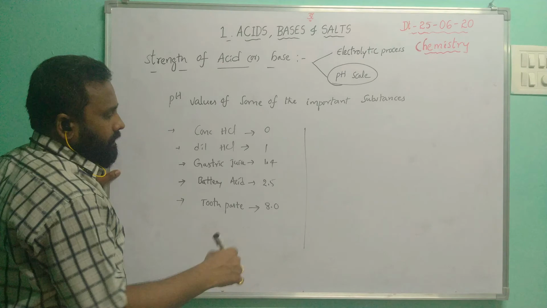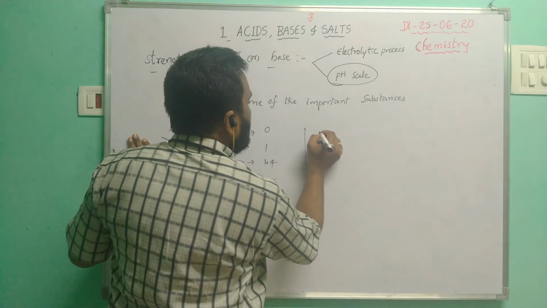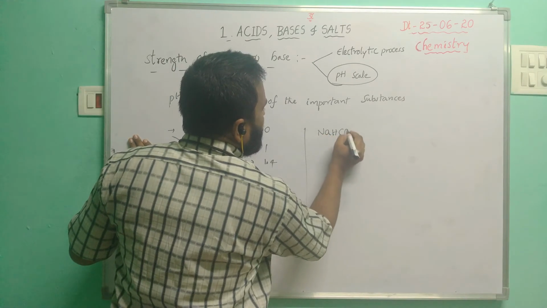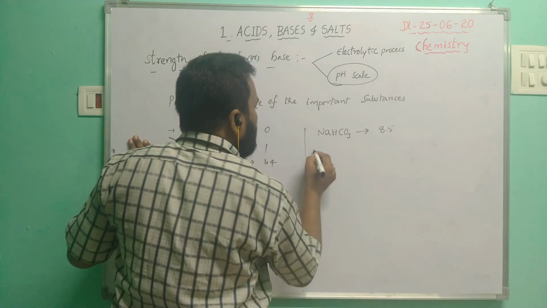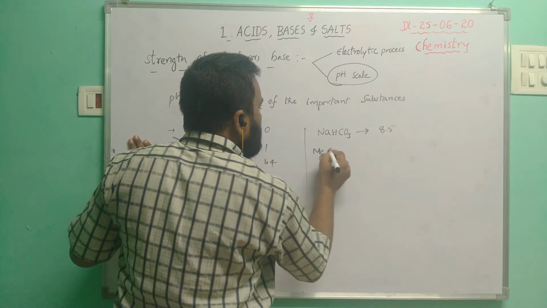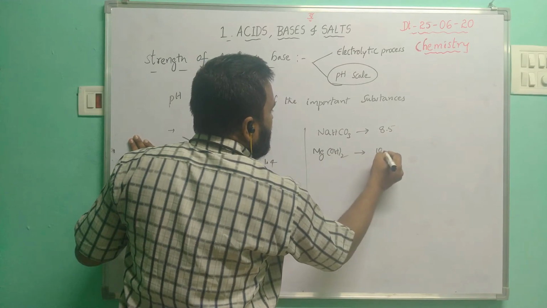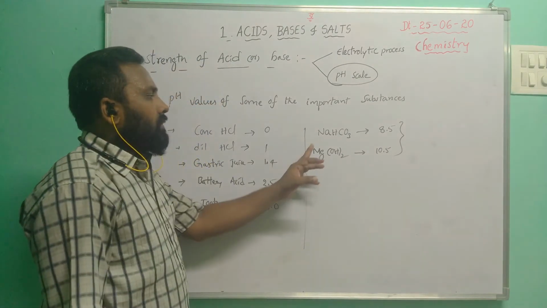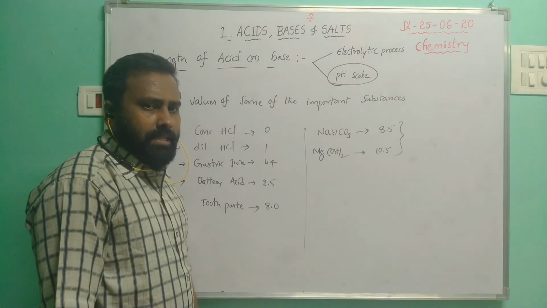Okay, and baking soda NaHCO3, 8.5. Mg(OH)2, milk of magnesia, 10.5. These are used as mild bases in antacid tablets.